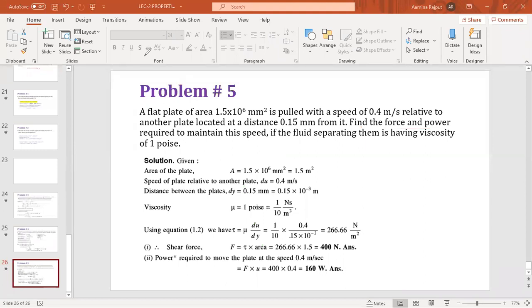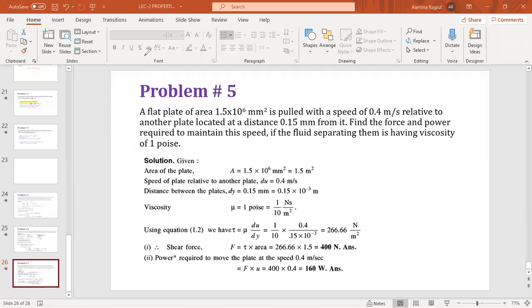A flat plate of area 1.5 × 10⁶ millimeter square is pulled with a speed of 0.4 meter per second relative to another plate located at a distance of 0.15 millimeter from it. So basically, you can imagine the shape similar to what we have seen in the previous numerical. You have two plates, and between them we have a fluid.